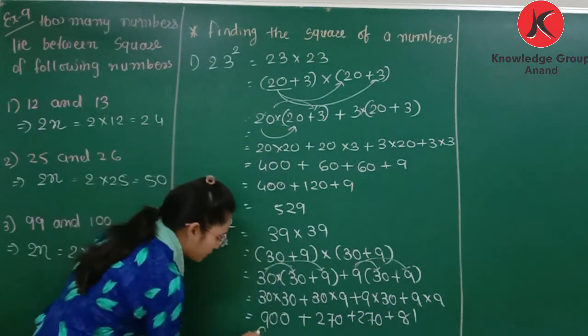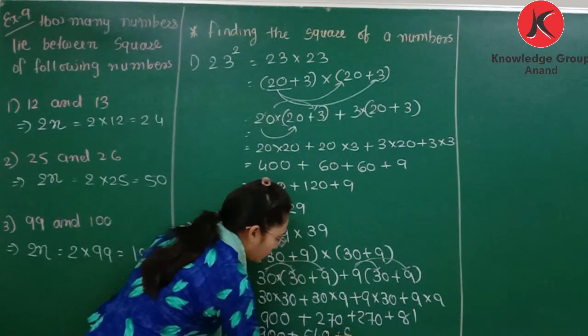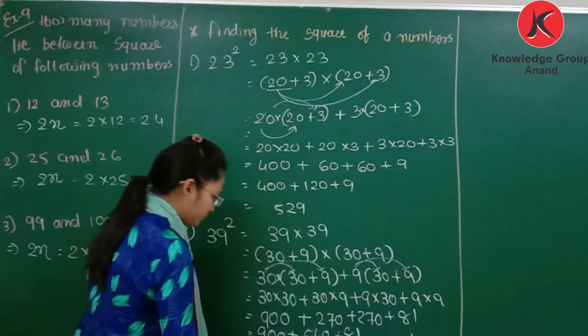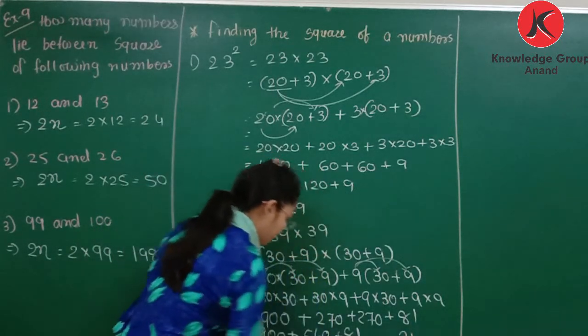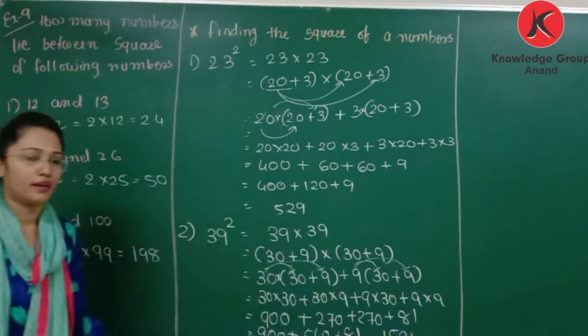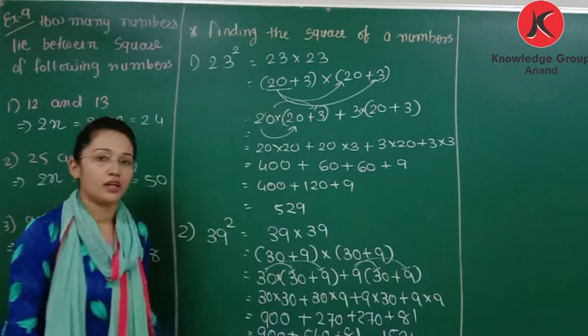Now add the numbers. 900, addition, 1521. This way you can find the square of any number.